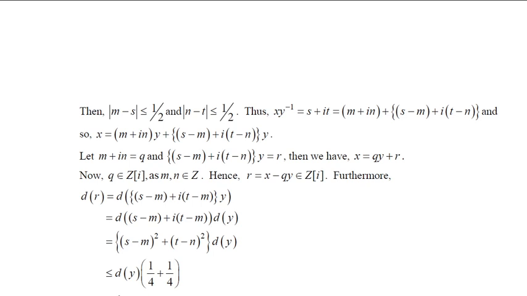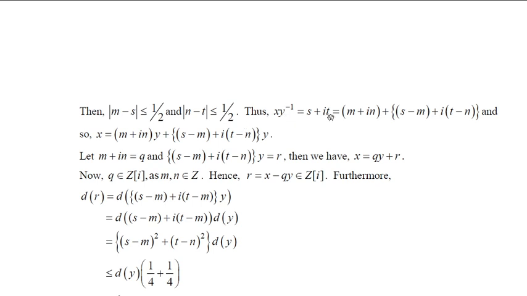In your case, m is an integer, so s is the rational. So take s between 1 and 2. Either 1 is near to s or 2 is near to s. You have to choose in such a way that the distance is less than or equal to half. And similarly, the distance between n and t is less than or equal to half. Now we have written x into y inverse as s plus it.